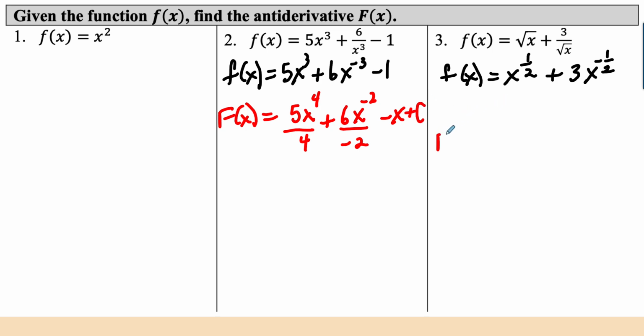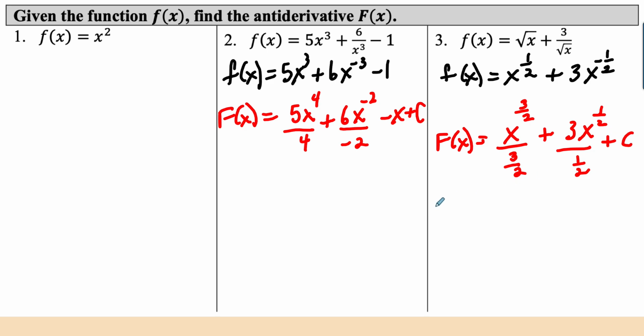Over here, the antiderivative, capital F of x, to be different from lowercase f of x, will be x to add a power, 3 over 2, and divide by that same power, 3 halves, plus 3x up the power, and so that'll be 1/2, and then divide by that same power, 1/2, plus c.